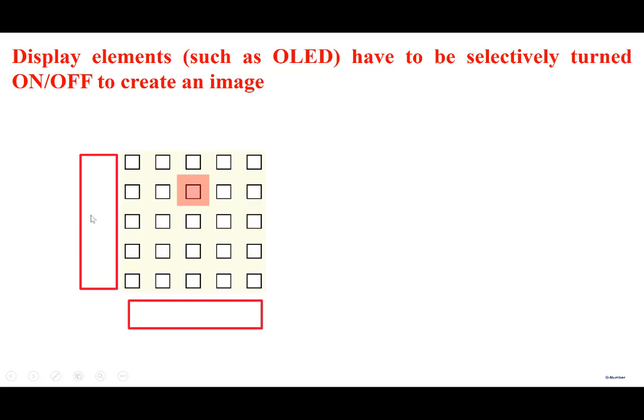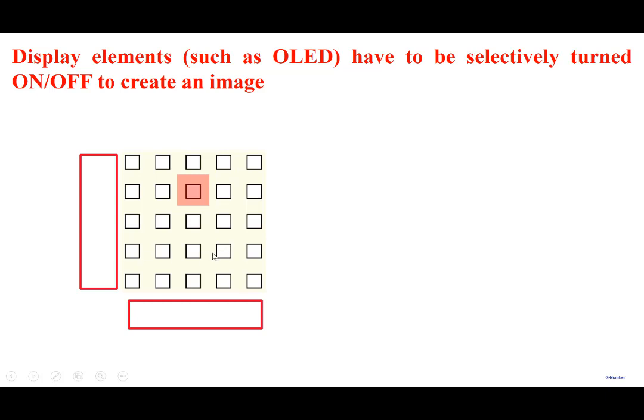Through those wires, we'll apply current and turn this particular LED on. So note that if you want to turn a particular LED on, the word that we use is you have to address that particular LED. So each LED that is there in this screen has a particular address, let's say. It belongs perhaps to the fourth column and second row from the bottom, right? So this has an address here.